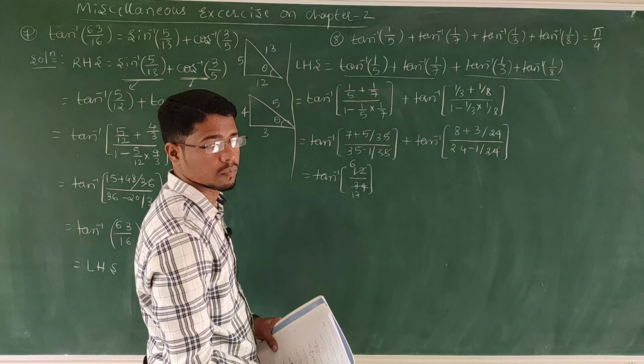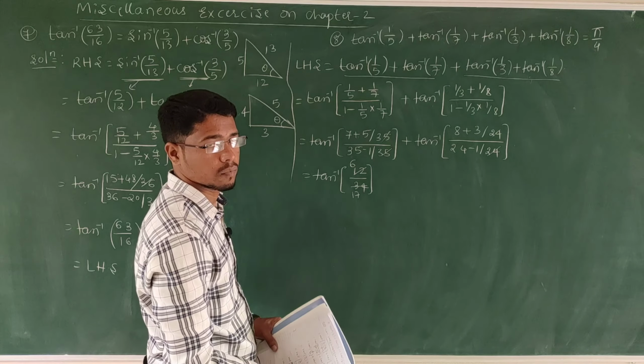Okay, so now use the formula tan inverse of x plus y again. That is equal to the tan inverse of x is 6 by 17 plus y is 11 divided by 23, whole divided by 1 minus 6 by 17 into 11 divided by 23.